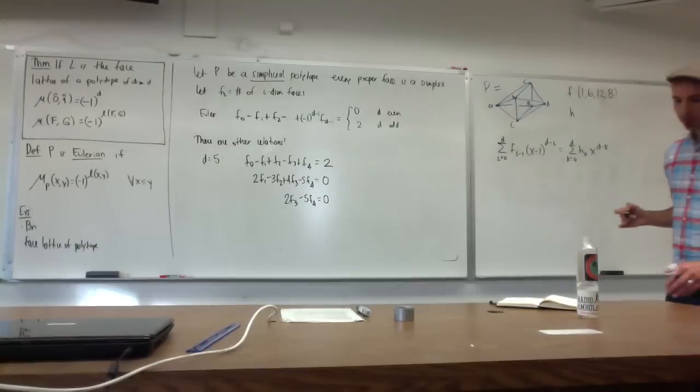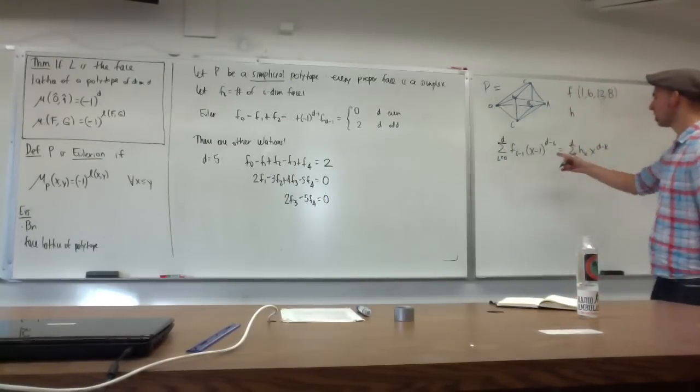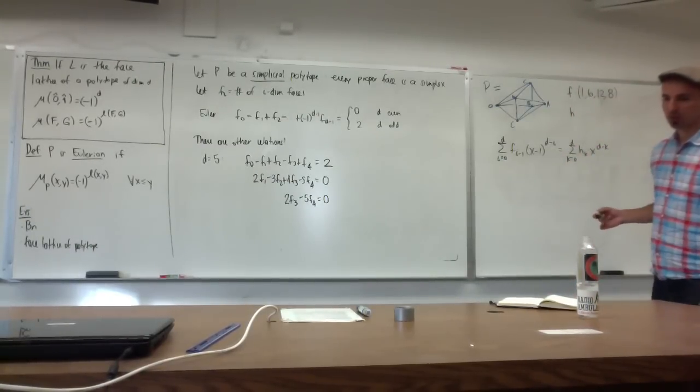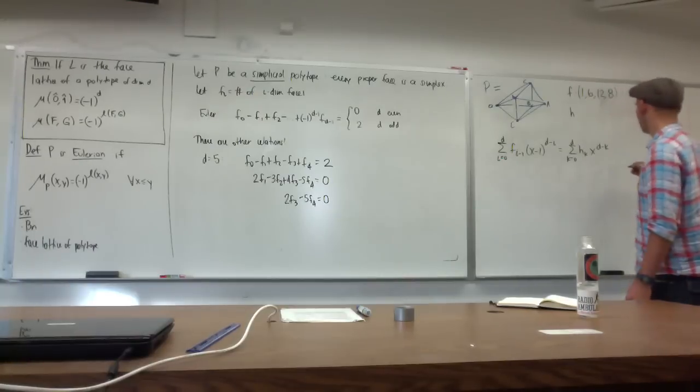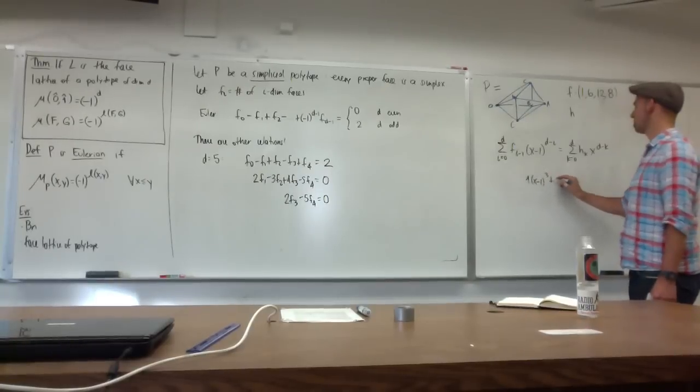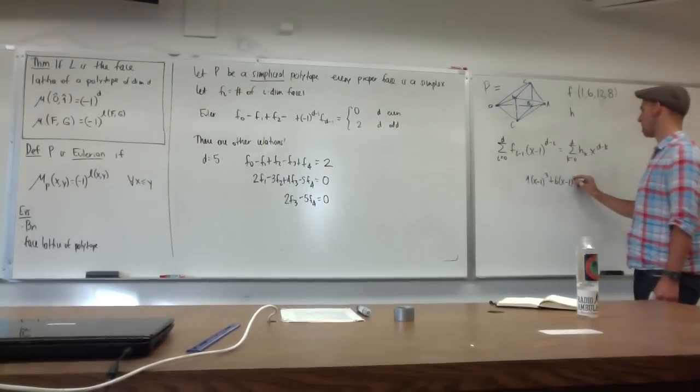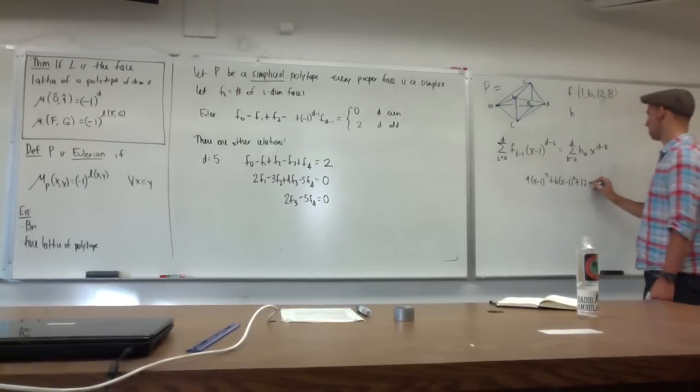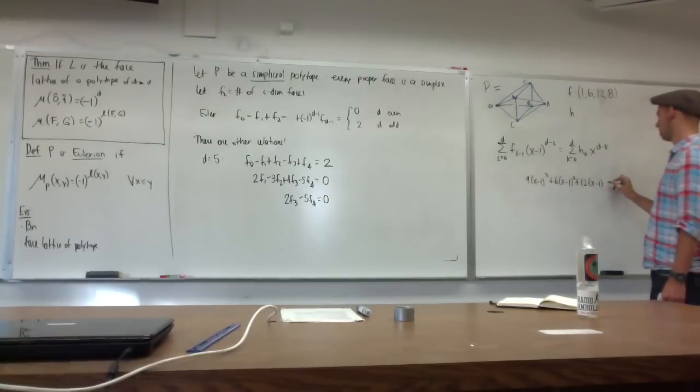So what I do is the following. I take my f vector and I make a polynomial out of it: 1 times (x minus 1) cubed plus 6 times (x minus 1) squared plus 12 times (x minus 1) plus 8.